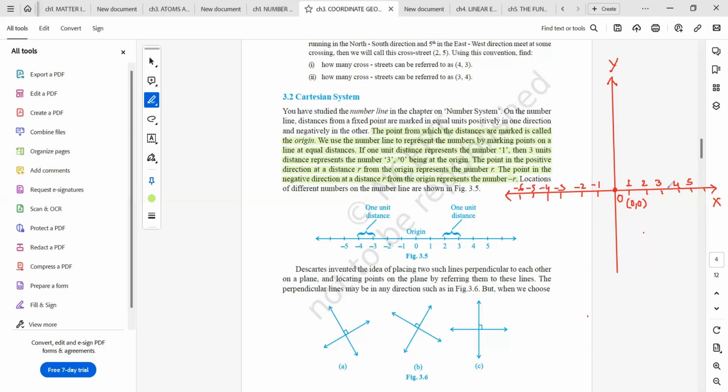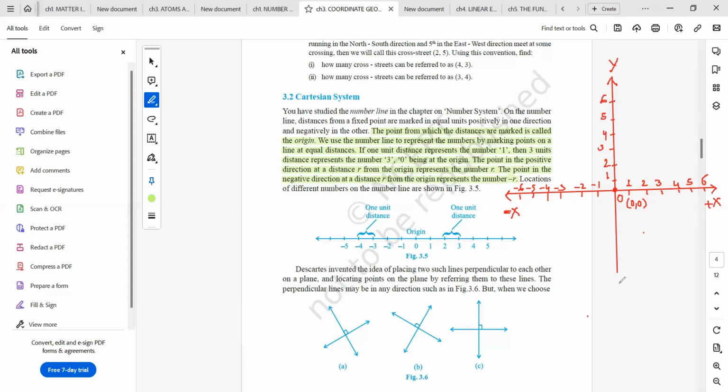Towards the right-hand side of origin O, all these are positive x. Because if we choose a number line, then with the origin as the reference, all the numbers towards the right-hand side are positive. So this is positive x. And if I go towards the left-hand side from the origin O, then all these are negative x. Is it clear? In the middle, we have the origin O. Similarly, for the y-axis, if you go upward, you will have all the positive numbers like 1, 2, 3, 4, 5, 6, and so on.